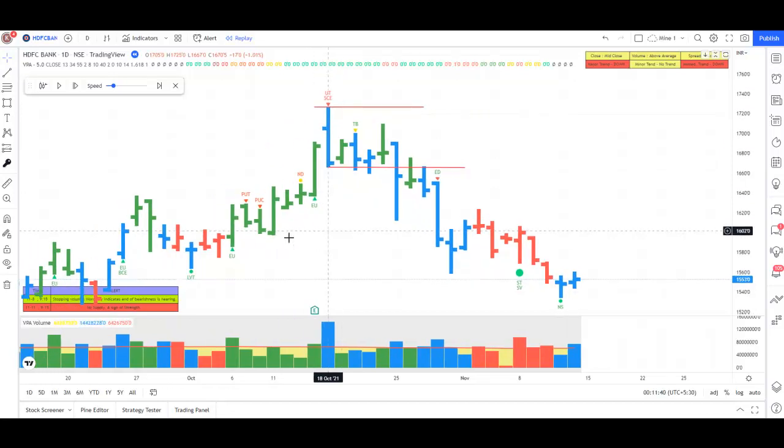So one need not go and look at the various definitions and try to identify the conditions or to identify the various bars. The VPA 5.0 clearly points out the different types of bars. Here it is clearly indicated that it is an upthrust bar.